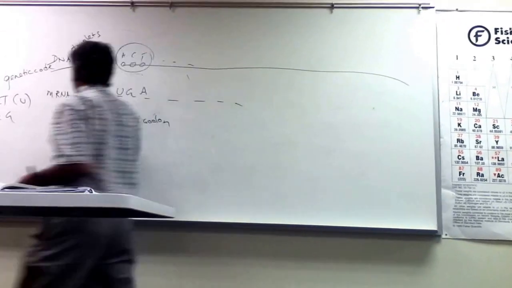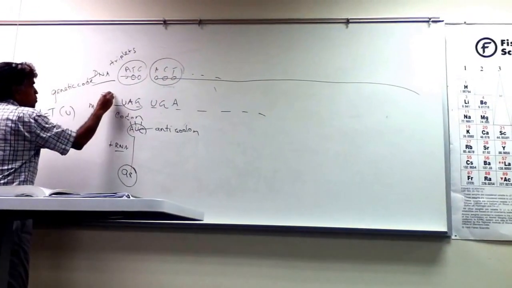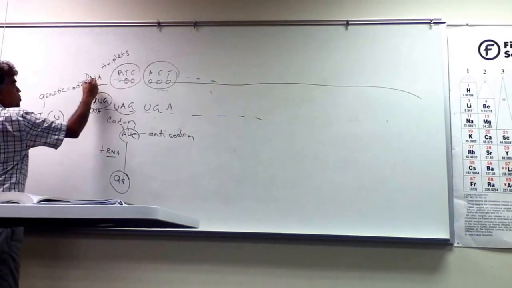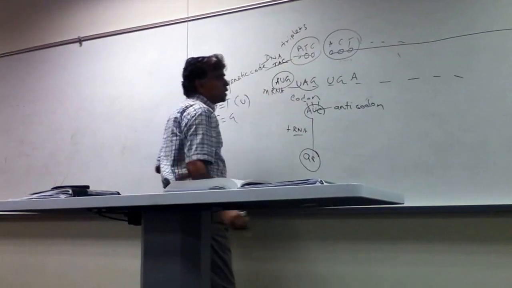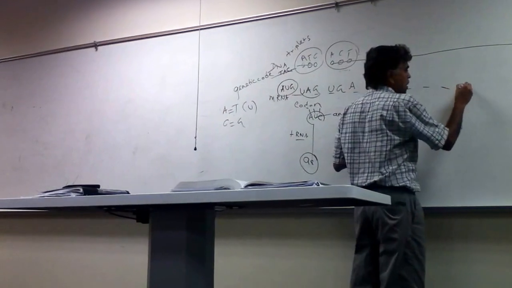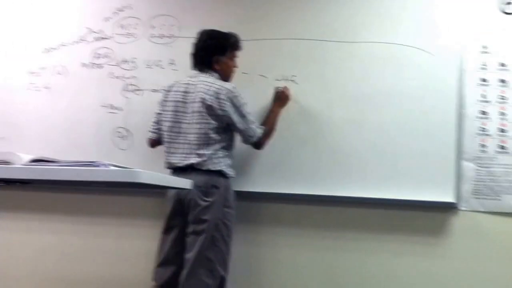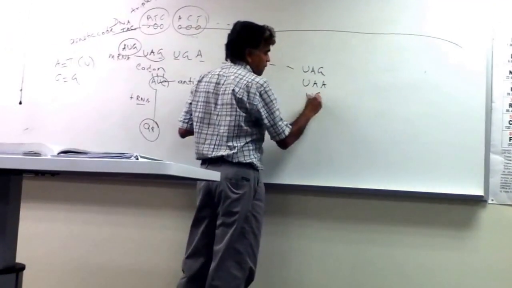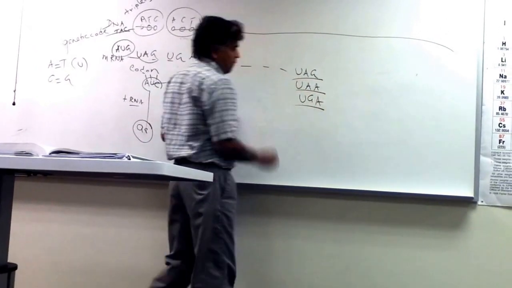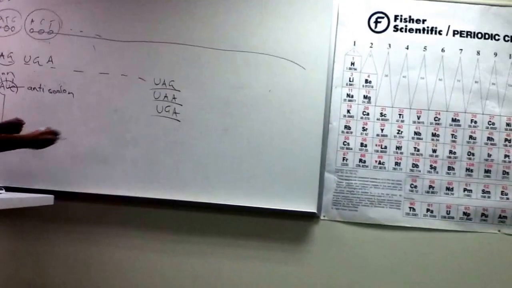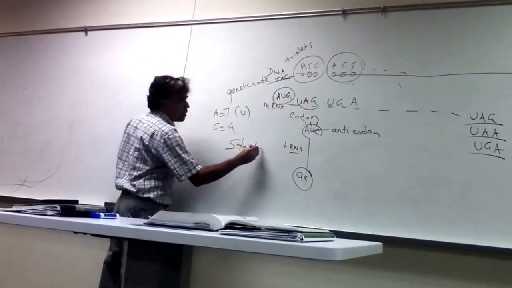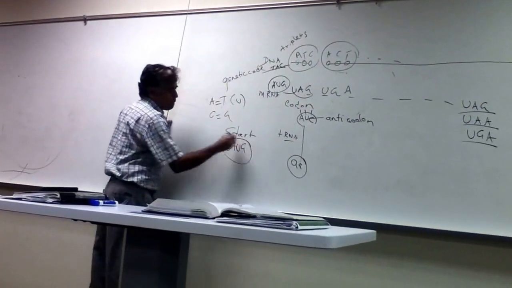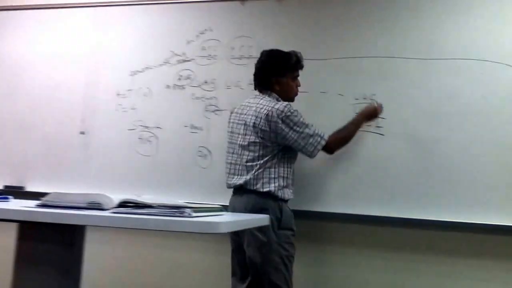Normally the start codon is going to be an AUG, meaning you should have here T, A, C to start with. And the stop codons can be any of these. So start codon is always AUG. The stop codon is one of these.